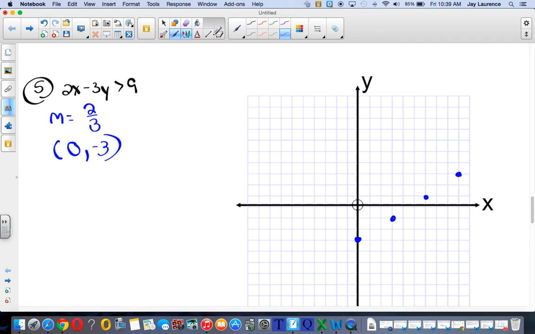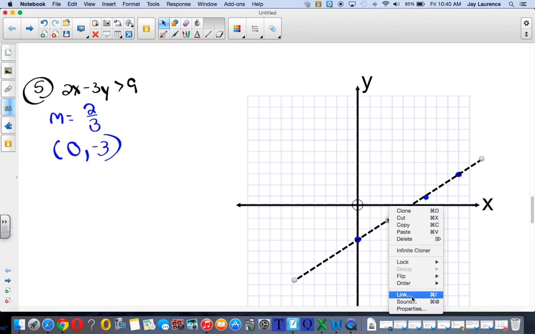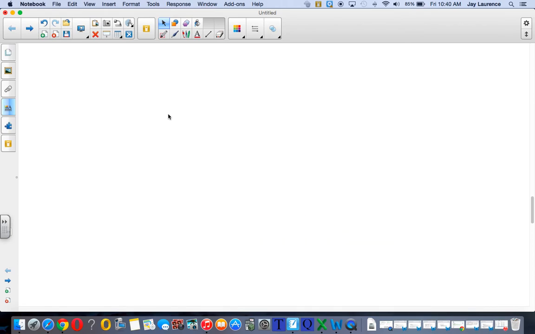It's not equal to, so I make a broken line. Did you catch that? It's not equal to, so you make a broken line. If it's equal to, it's a solid line.